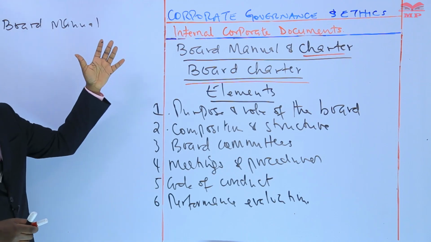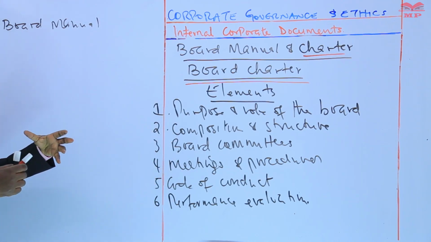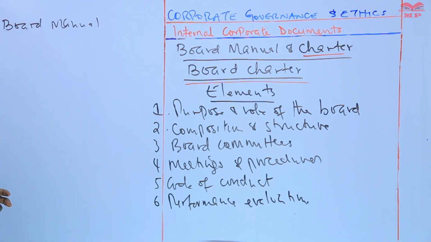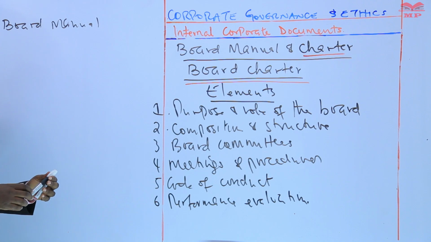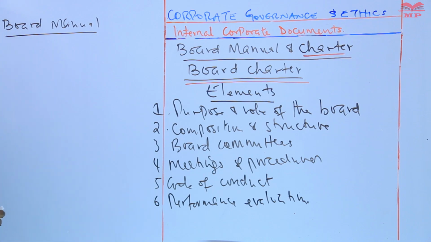The board charter has principles, but a board manual expands on the board charter. It provides practical guidance on how the board should carry out its duties and responsibilities. It's more detailed than the board charter. It expounds on the provisions of the board charter.